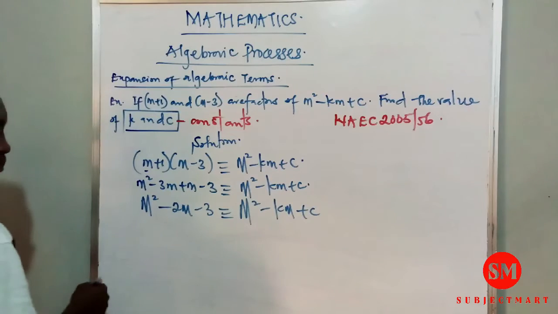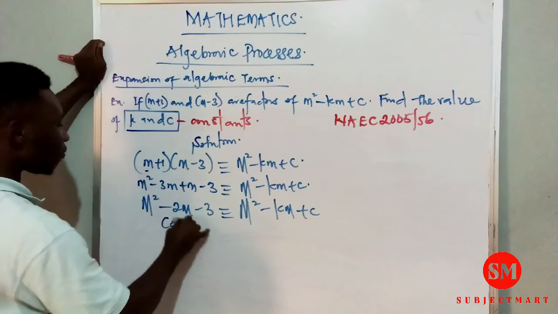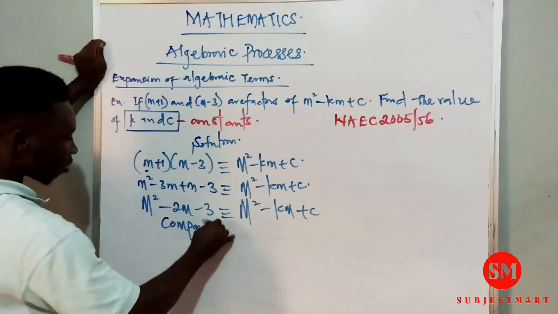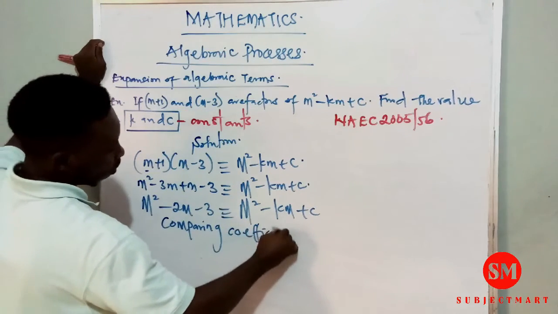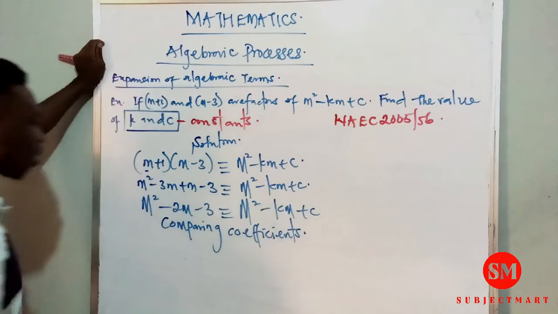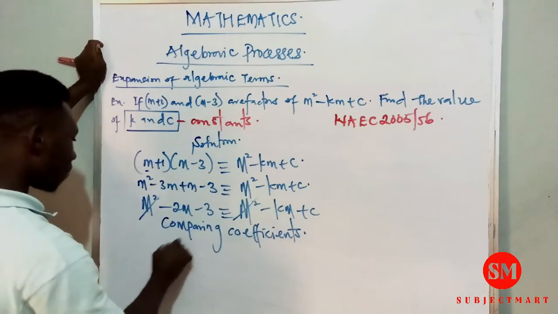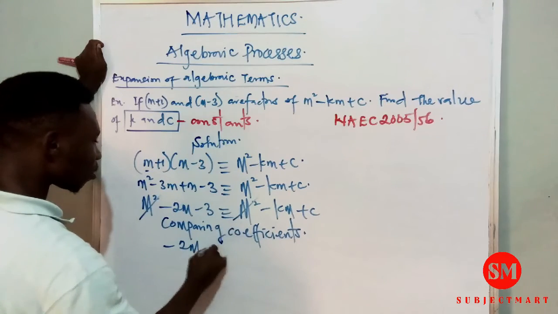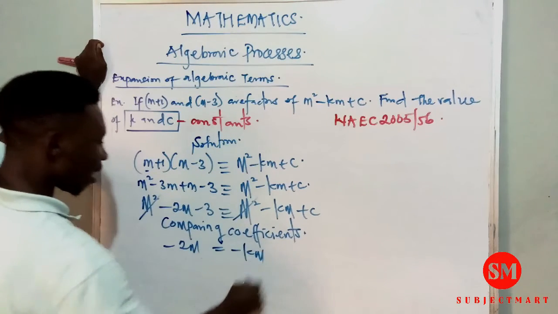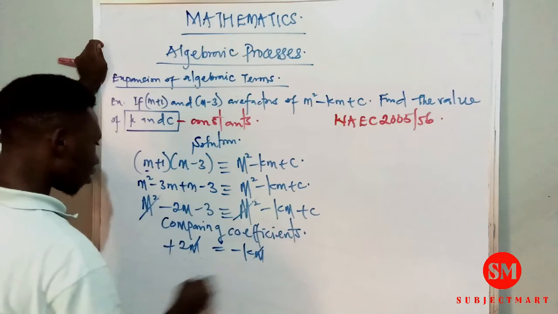Therefore, at this point, we are going to take the step of comparing coefficients. Comparing coefficients: m here is compared to m here. So I have minus 2m here being compared to minus km. m cancels m, and minus cancels minus.